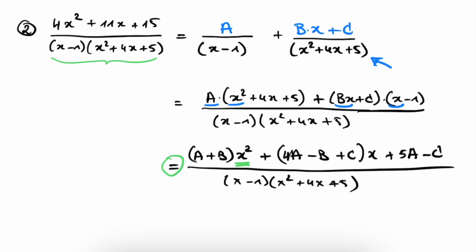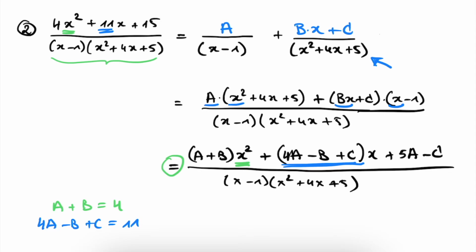The coefficients with x squared. We find that a plus b has to be equal to 4. Then the coefficients with an x, which is this long bracket here, we have 4a minus b plus c is equal to 11.